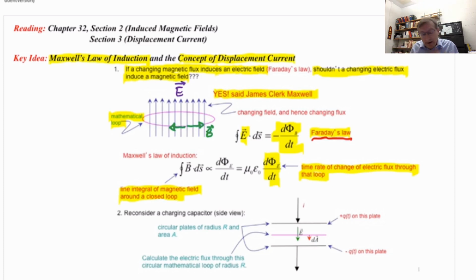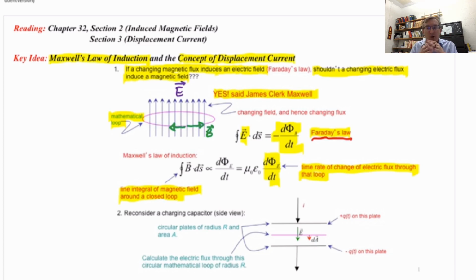And this is a very important insight in the history of electricity and magnetism, because what it's really emphasizing is that those two fields that we've really been treating up until chapter 30 as being completely different things, electric field, magnetic field, are actually very tightly connected.